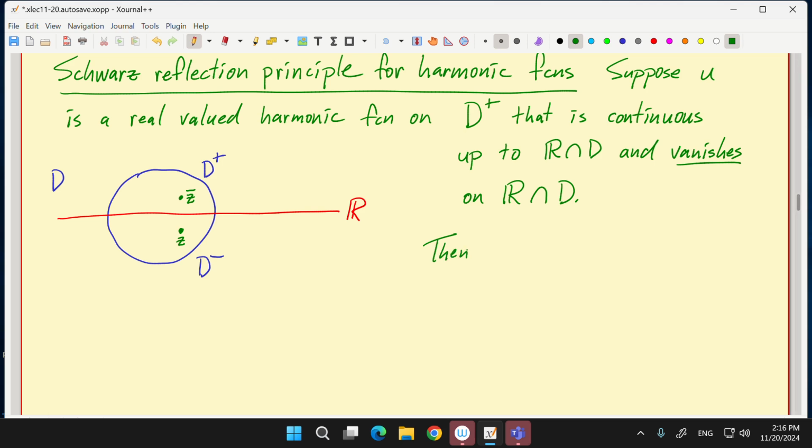Let's see what I mean by reflection. Then capital U of Z is equal to the given function on D plus. We know it's got to be 0 on the real line.